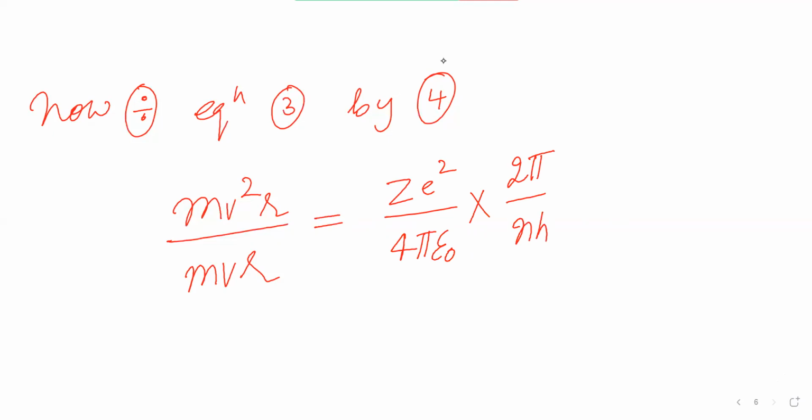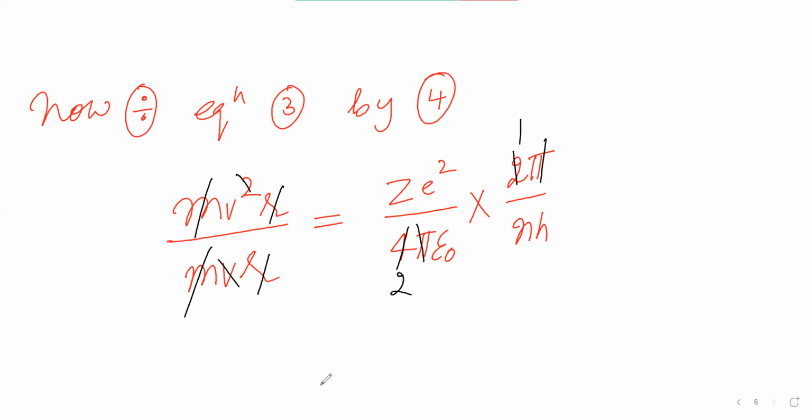Clear? So now what will happen here? m and m will get cancelled. Then r and r will get cancelled. Then v and this v will get cancelled here. Next, pi and pi will get cancelled, and the 2s also.